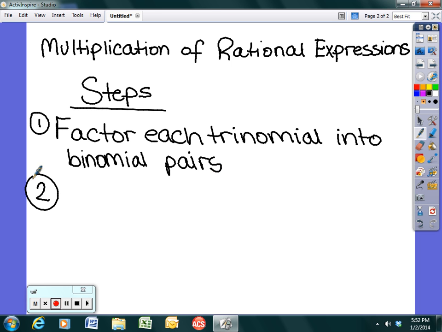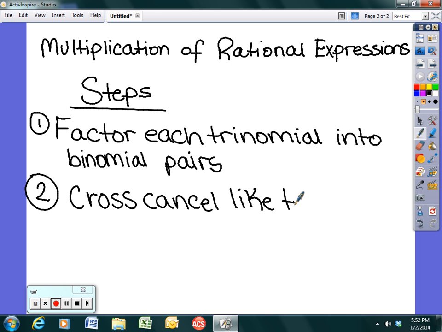Step 2, cross cancel like terms. In step 3, multiply to find the solution.